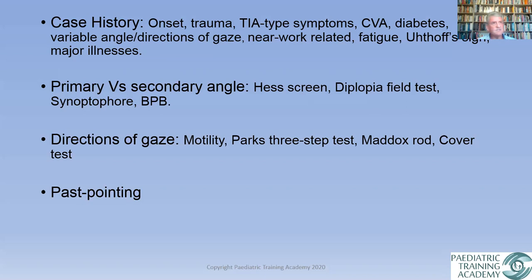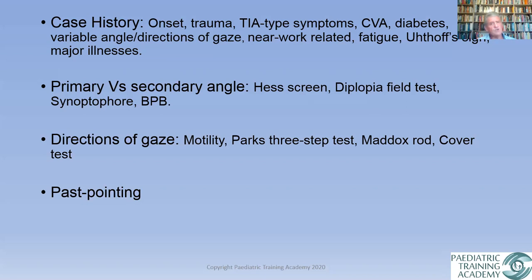So diplopia field test, easy. Patient's got anaglyphs, white light in front of them, 9 different positions of gaze, and you ask the patient, is the separation of the red and the green light changing when you look left, right, up, down, and so on? Of course, you have to have diplopia for this test to work, and we would not be doing the diplopia field test if there was no diplopia.